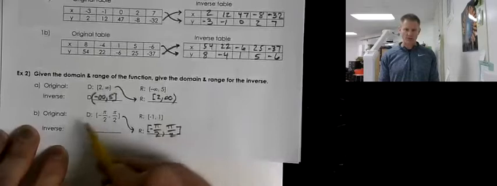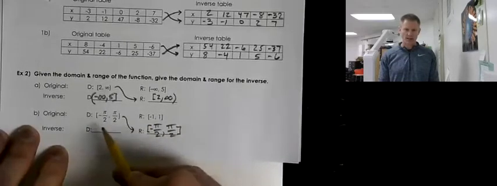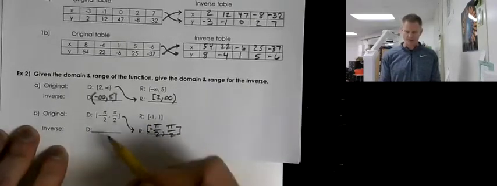The Y values of the original are going to become the X values of the inverse. It seems simple enough, but can you follow what that's representing? Let's take a look and see what graphs look like with this.